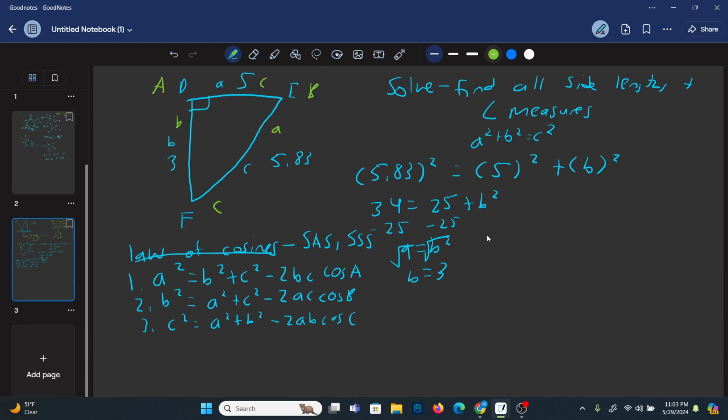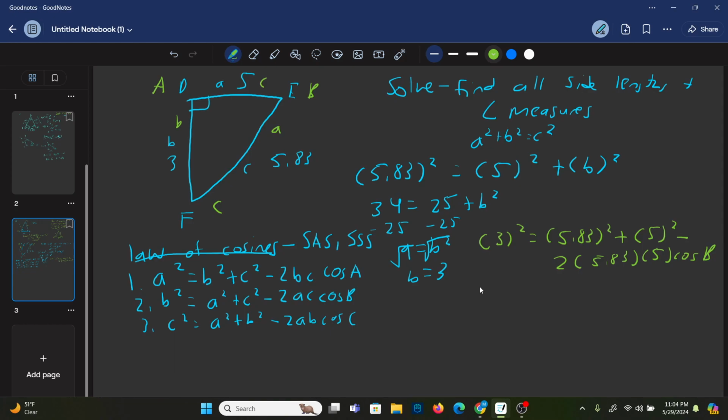So b squared equals little a squared plus little c squared minus 2 times a times c cos angle b, which we do not know this time.